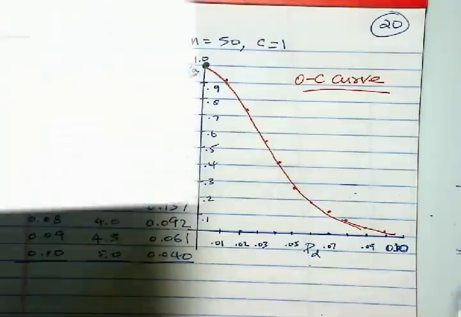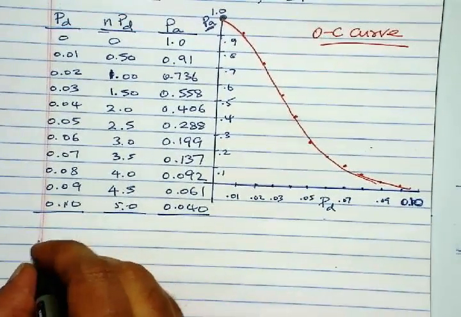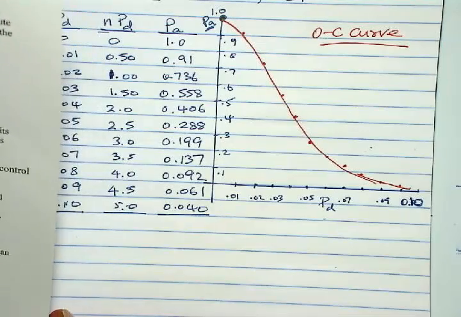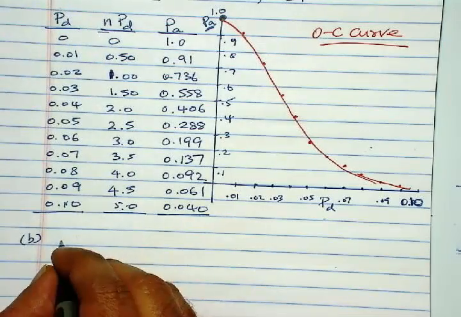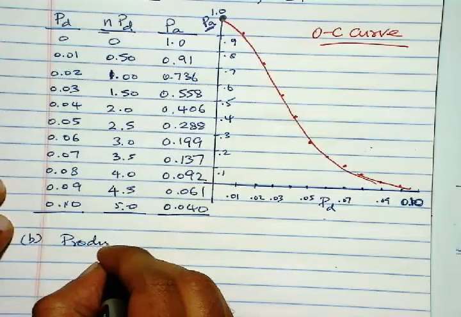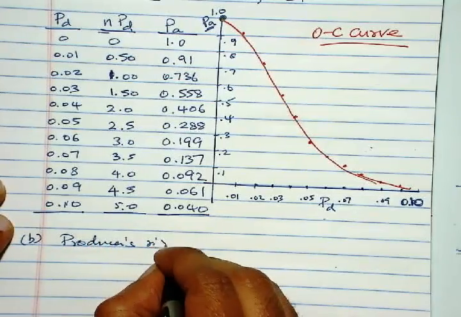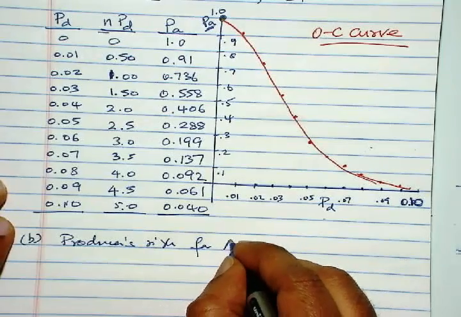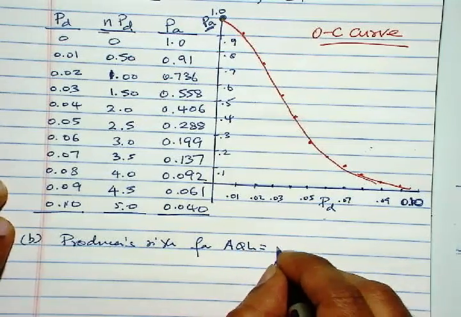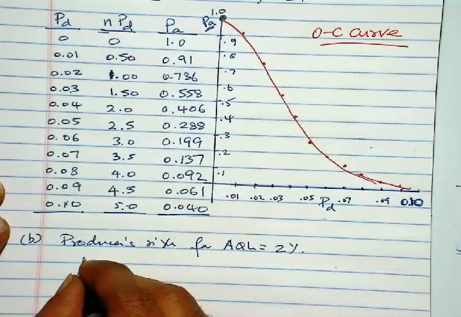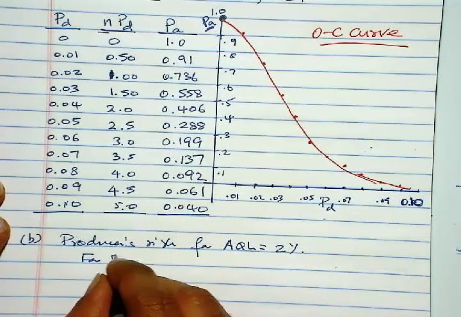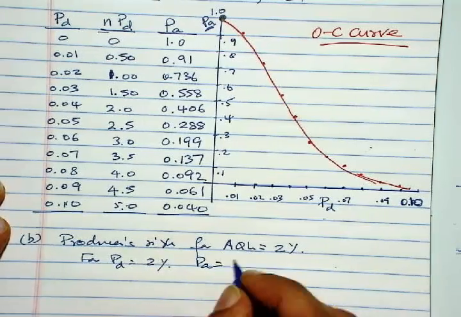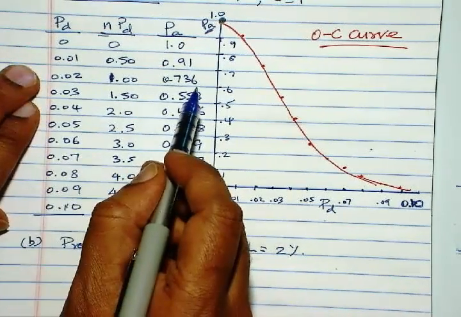Okay, next question is B. We want producer's risk for acceptable quality level equal to 2%. So for P sub d equal to 2%, P sub a is 0.736.